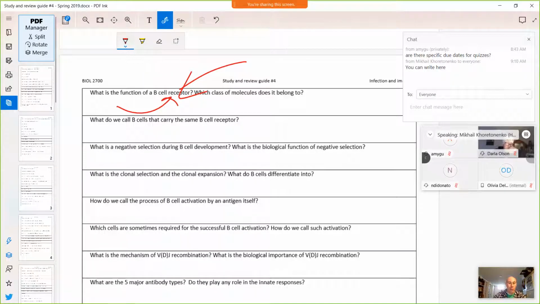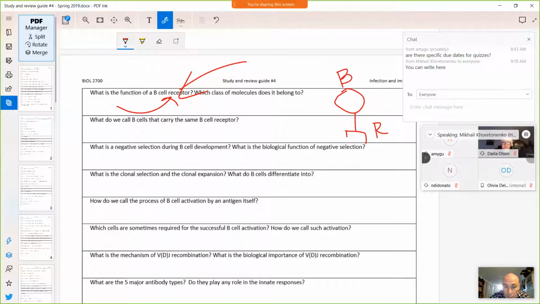So when B cells are exposed to the antigen, only the population that carries B cell receptor. Okay, let me draw it. I will try to draw it really quick. So that's B cell, okay, that's B cell receptor.